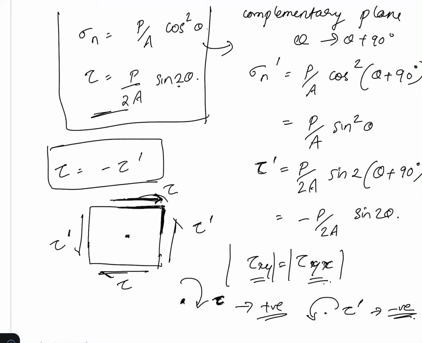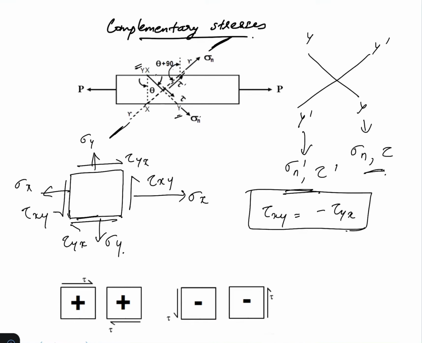And we will have sigma n and sigma n dash. Sigma n is equal to p by a cos square theta, and sigma n dash is p by a sin square theta. From that we understand that sigma n plus sigma n dash will become p by a times sin square theta plus cos square theta, that will be p by a. So we have tau xy equal to minus tau yx, and also sigma n plus sigma n dash is equal to p by a.